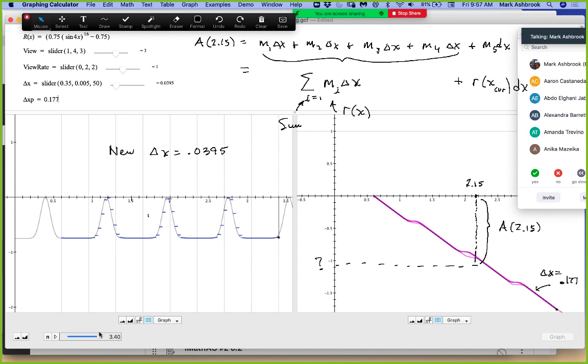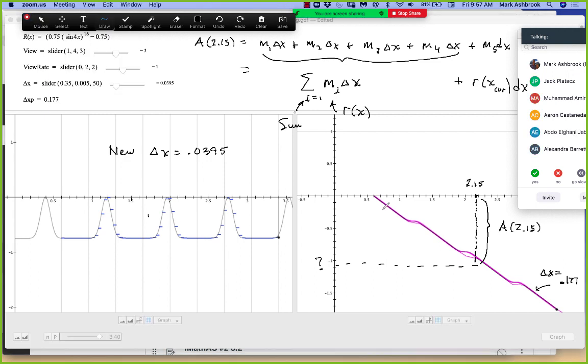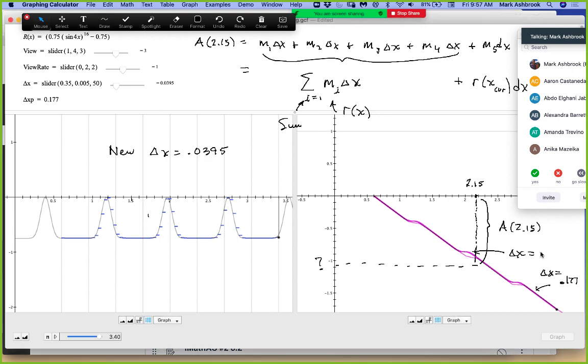So is the new approximate accumulation function the same as the old one? Is it the same? It's a little bit better, but we can still see daylight between them. You see this? There are still places where you can see how these are still approximations, right? They're distinctly different.